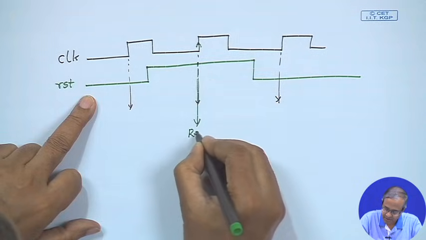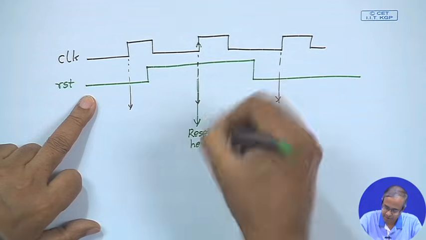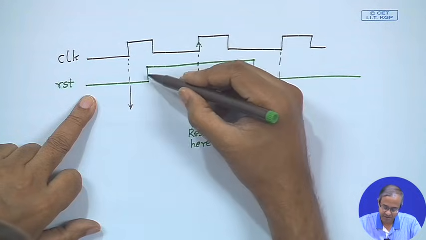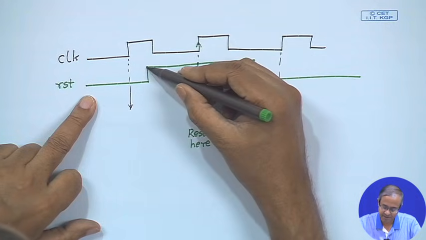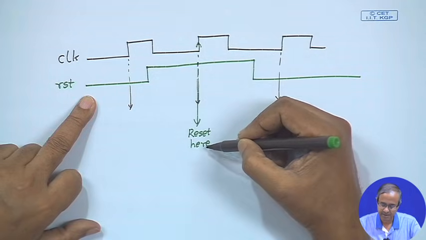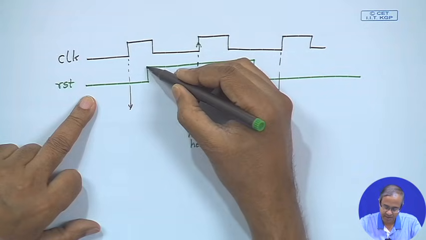So, counter will be reset here, because the always block will be executing only when the positive edge is coming. So, even if your reset has been activated here, it will be waiting for some time before the counter is actually reset. But there can be applications where you may want that whenever reset is going high, you reset the counter immediately, right.